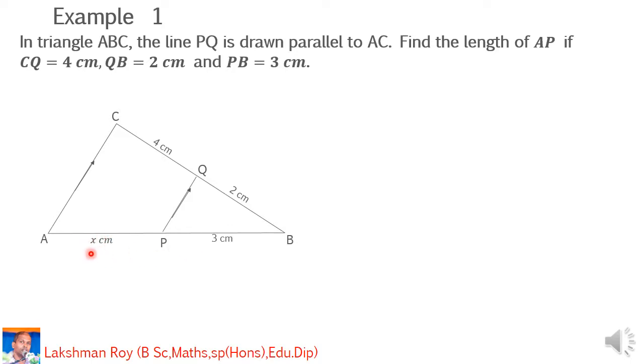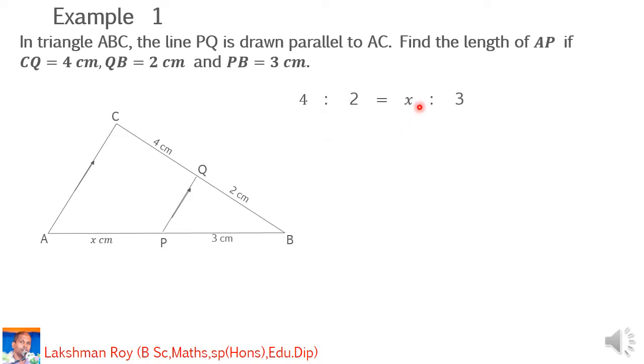Then I can write the ratio between these lengths. How? First I'll write 4 is to 2, small part to small part. Then according to that, the ratio between these lengths: 4 centimeters corresponds to x, so x is to 3. So this is the proportion.